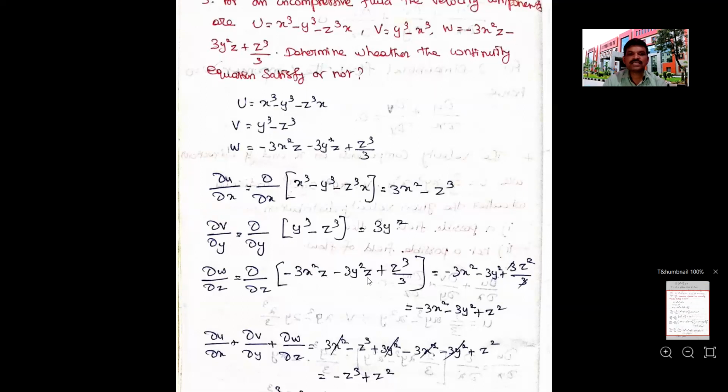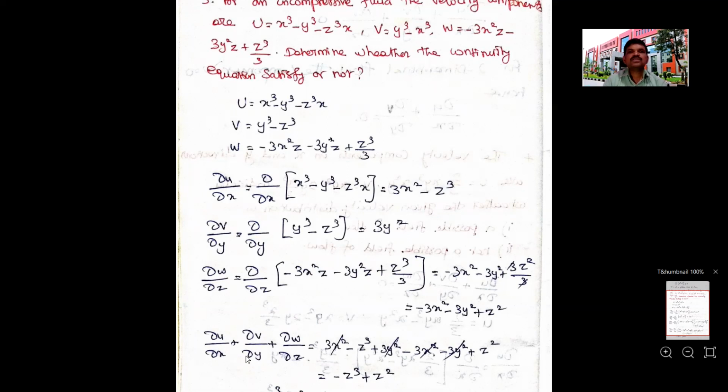Here also only z is there, so it is minus 3y² plus. For z³, differentiate and we get 3z² divided by 3. The denominator 3 is already there, so the 3 in the numerator and the 3 in the denominator get cancelled. The final answer is minus 3x² minus 3y² plus z². So this is the answer.